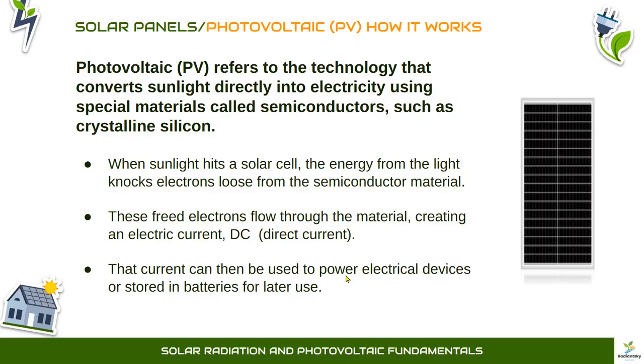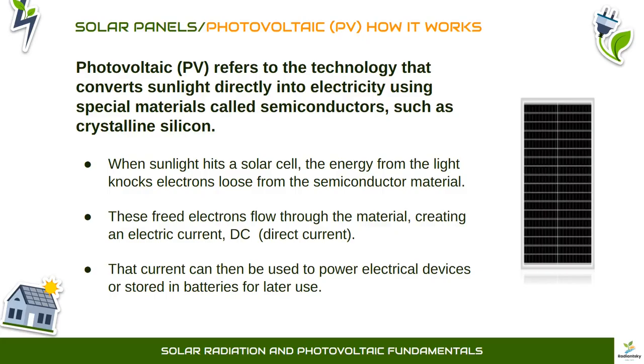There are devices that operate on direct current, or you can store it in a battery, like charging the battery. You can also use other devices like an inverter to convert this direct current to AC current, which is suitable for household use.